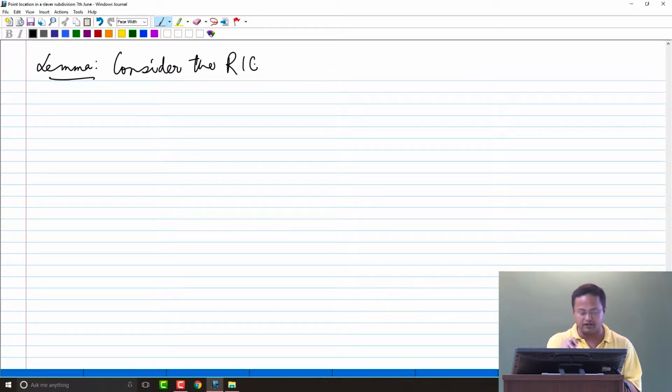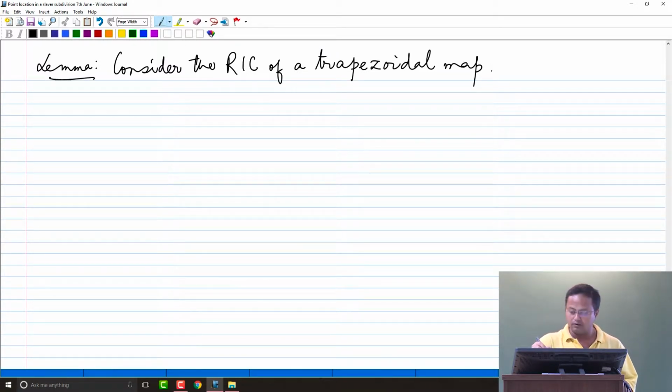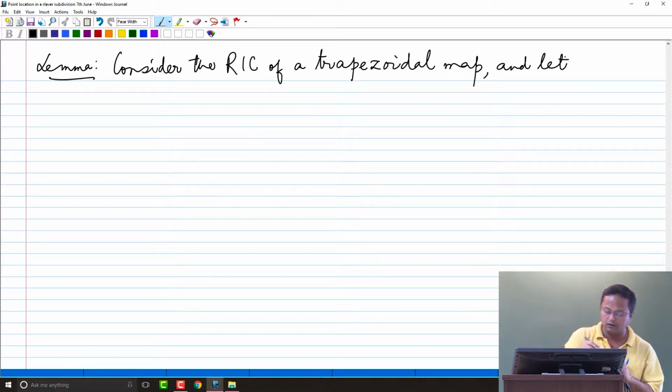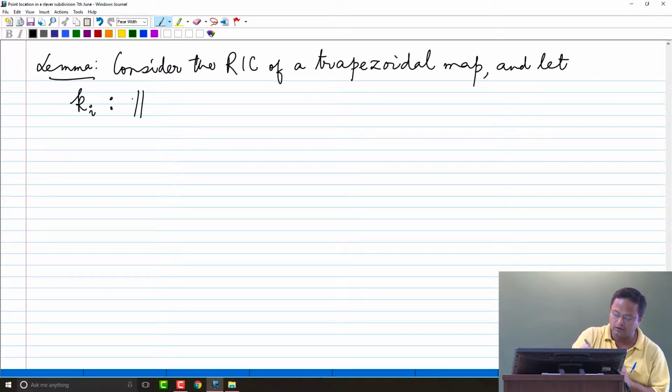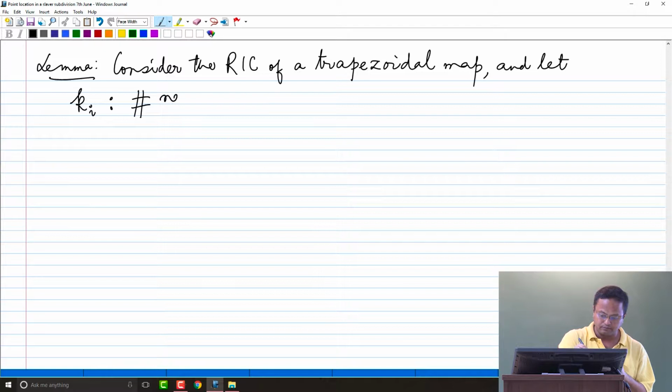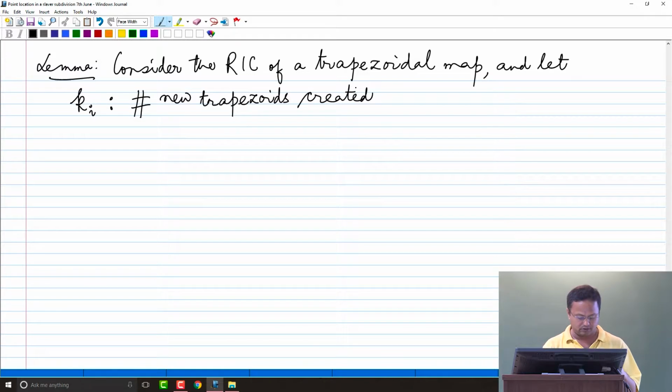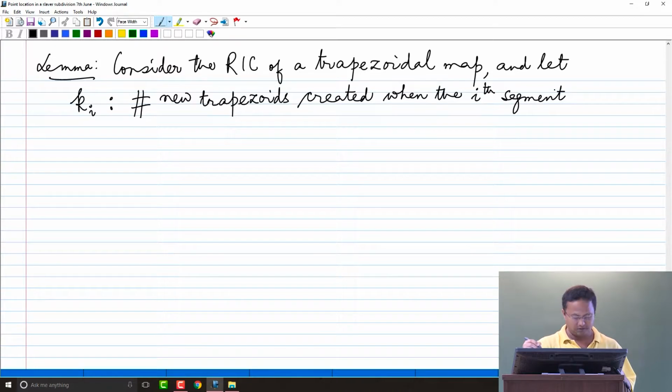So, consider the randomized incremental construction, RIC, of a trapezoidal map, and let K_i be, as earlier, the number of new trapezoids created when the ith segment is added.